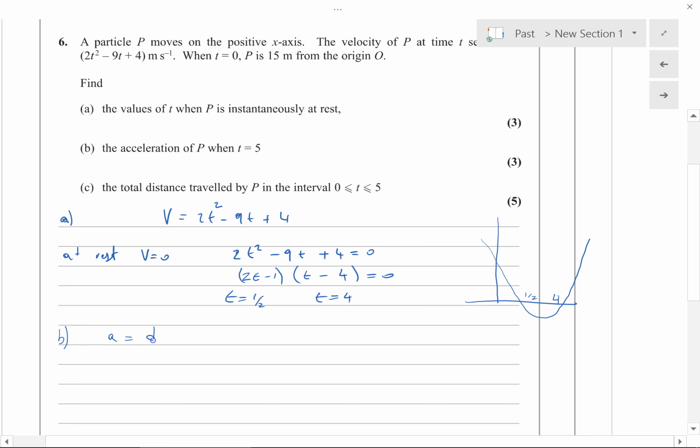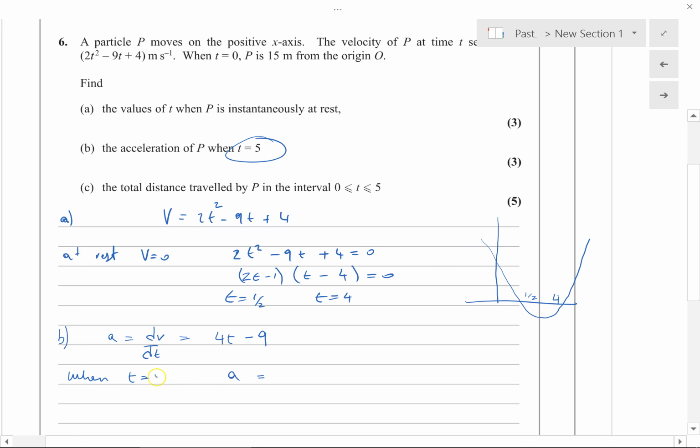Acceleration is equal to dv by dt, so that's equal to 4t minus 9. So when t equals 2, acceleration is equal to 4 times... when t equals 5, should I say?